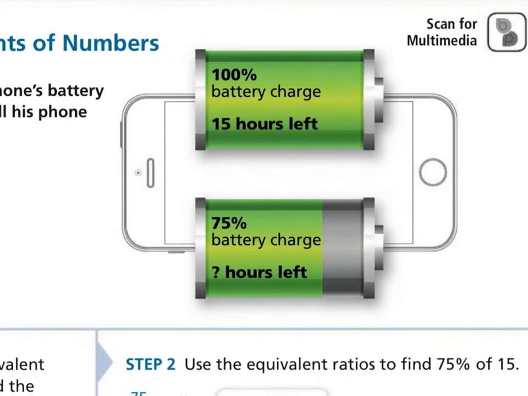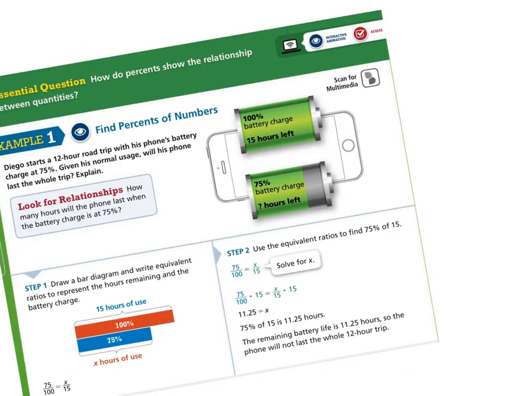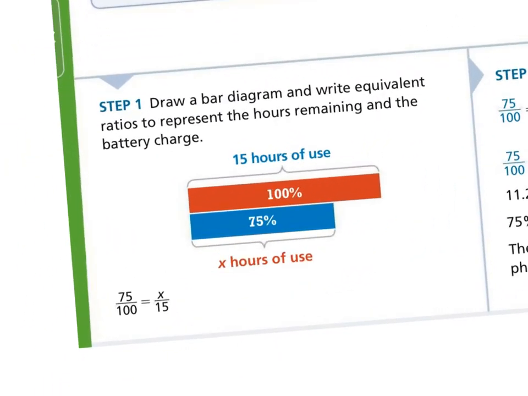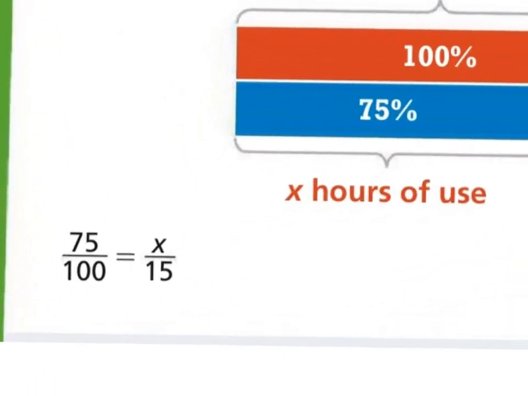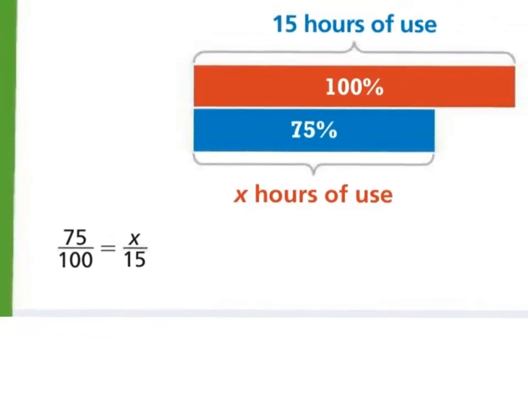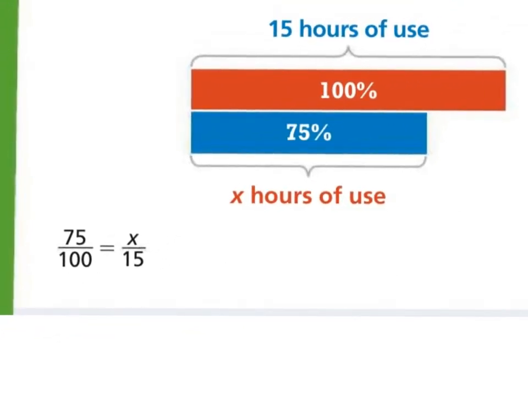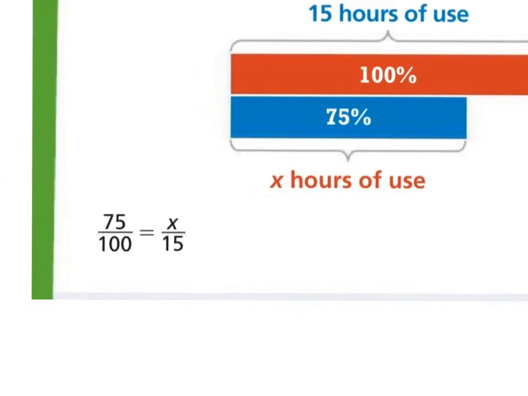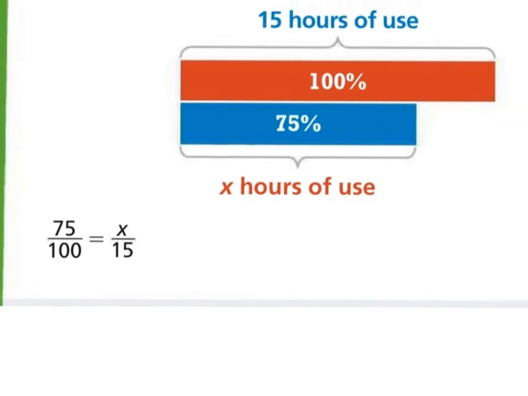One option you can do is to do a proportion. So 75%, that's like 75 out of 100, and we're trying to figure out how many that would be compared to 15. It's kind of like a part compared to a whole. 75 is part of 100, and x is part of 15.